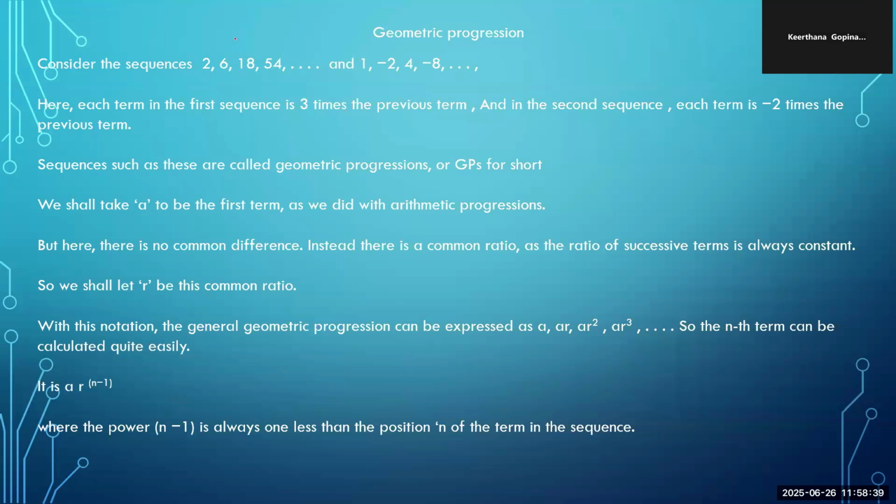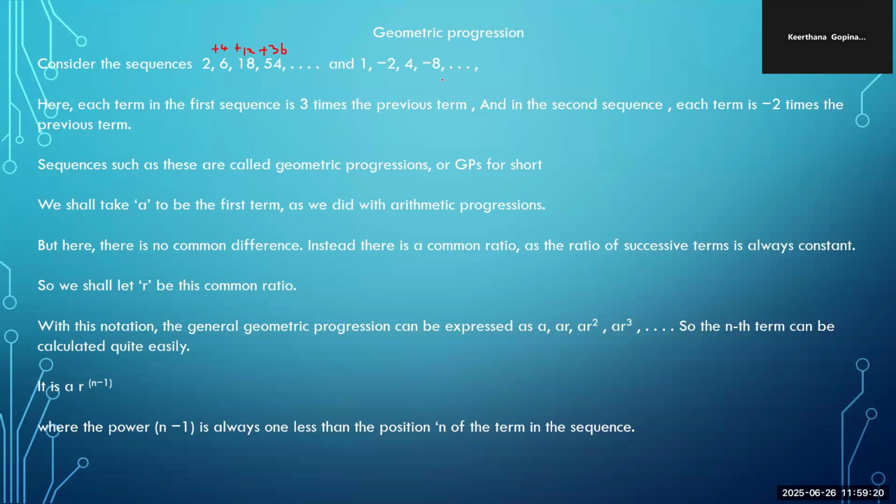You have to see what is the difference. 2 plus 4 is 6. 6 plus 12 is 18. 18 plus 36 is 54. Is it right? Yes, sir.